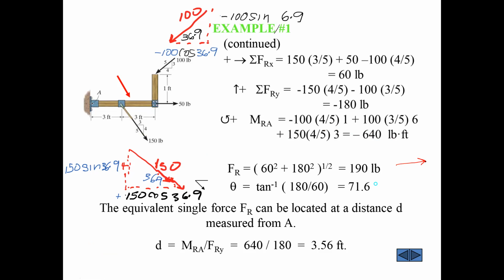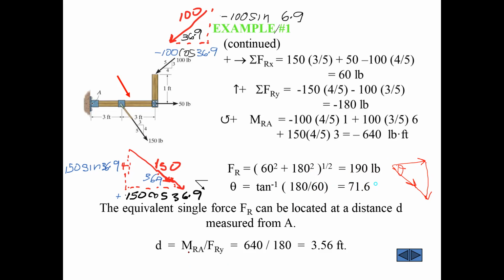And for the Y, it is minus again, 180. So we draw it. And the angle we're interested in is that angle, right? That this force here is coming down. All right. So it's going to be simply using tan, which is going to be the 180 divided by the 60, right? And you get 71.6. So that's how you get the angle.